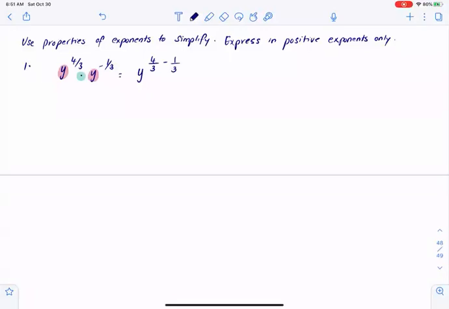When I add 4/3 and negative 1/3, I get 4 minus 1 divided by 3. Since 3 is the common denominator, the numerator would be 3/3, which would be 1. So y raised to 1 is simply y.